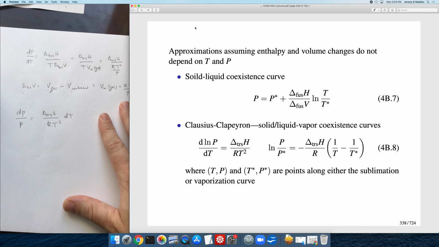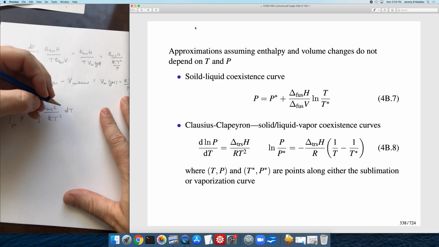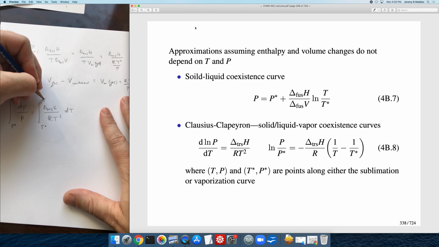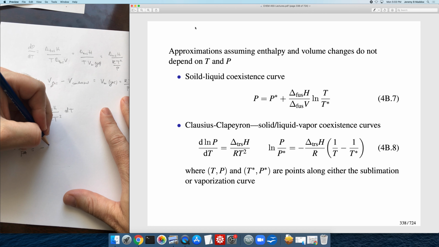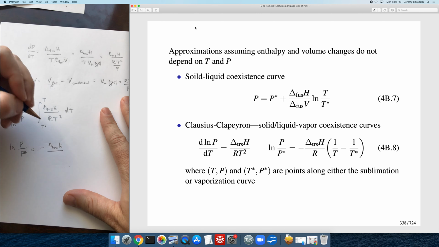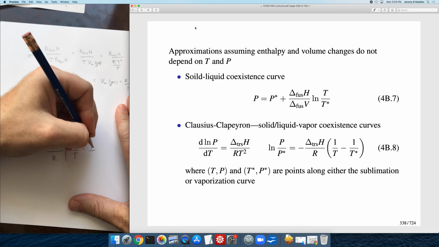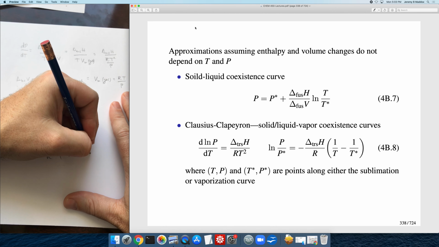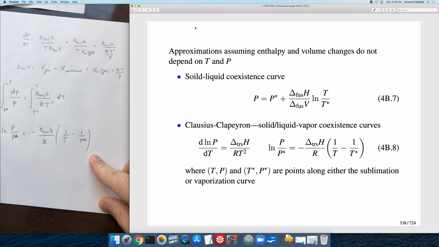Okay, and so now we'll integrate this side from P star to P, and this side from T star to T. We're going to get natural log of P over P star on this side, and we're going to wind up with a negative enthalpy of transition divided by R, times 1 over T minus 1 over T star. So this is called the Clausius-Clapeyron equation right here.